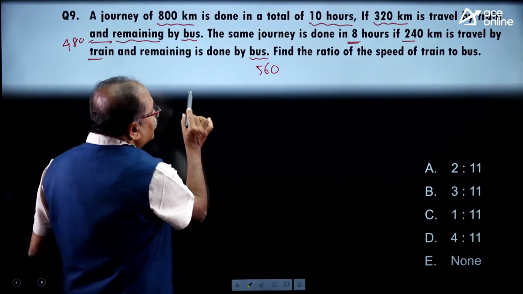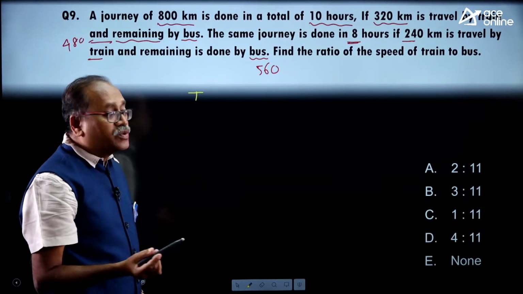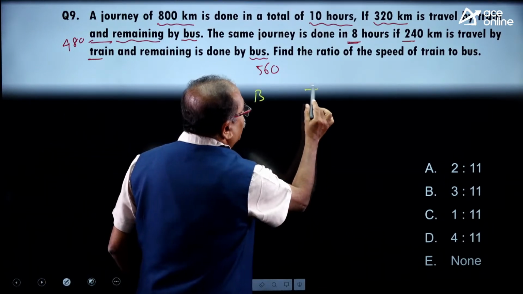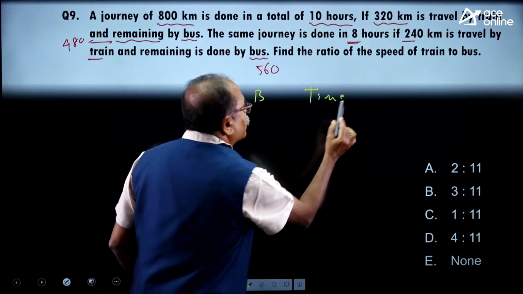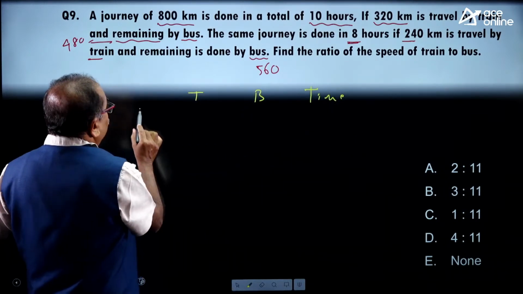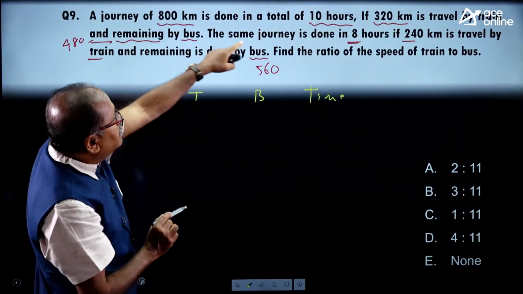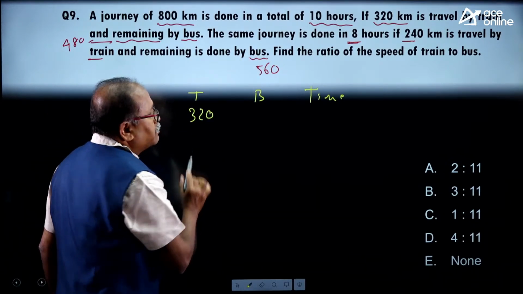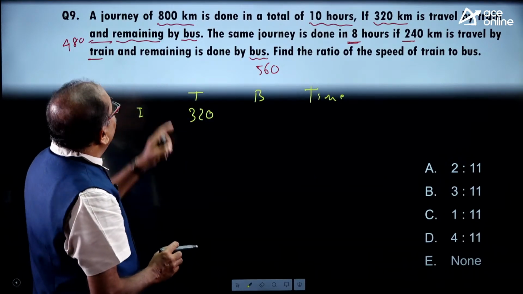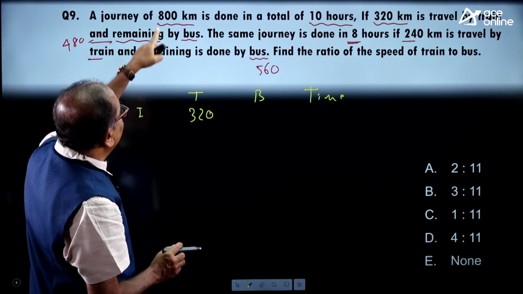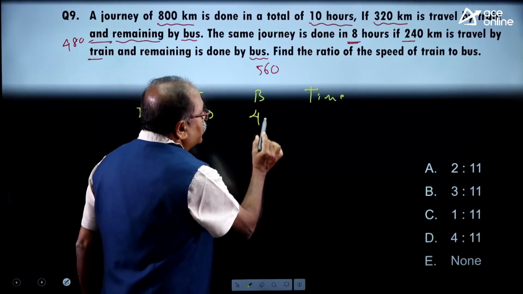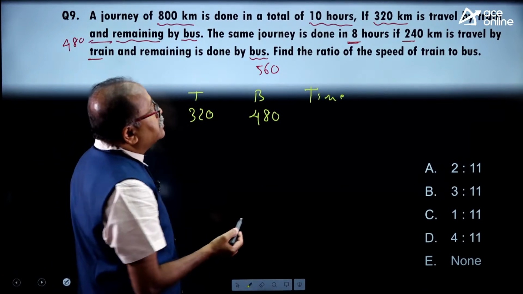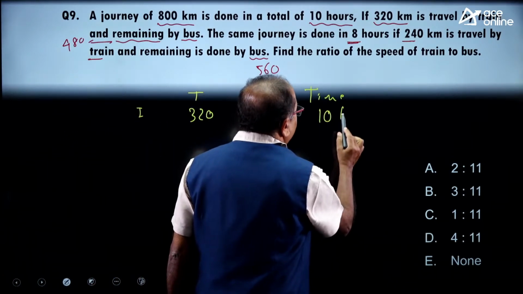Now I will take that there are two modes of transport, train and bus, and the time is given to us. In case 1, 320 kilometers is travelled by train out of 800. So 800 minus 320, that is 480 kilometers, is travelled by bus, and the time taken for this is 10 hours.